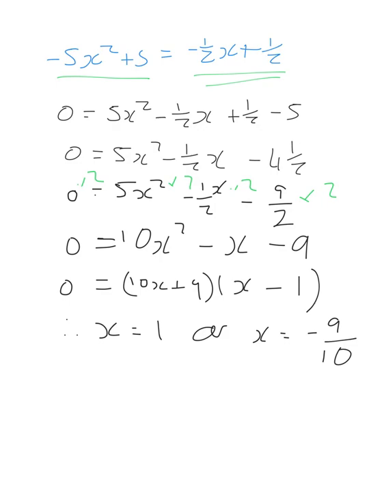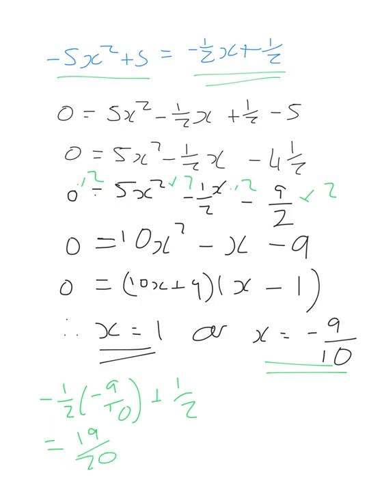Right, from here, if you flip back a couple of pages, you'll see that the graph we've already used that point. So what we will do is use this point and substitute this back into either one of our equations. Maybe this one is a little bit easier. 9 over 10 plus a half, and that should give us 19 over 20.